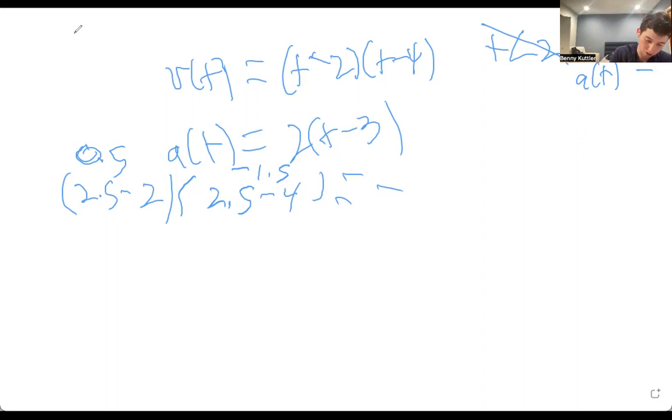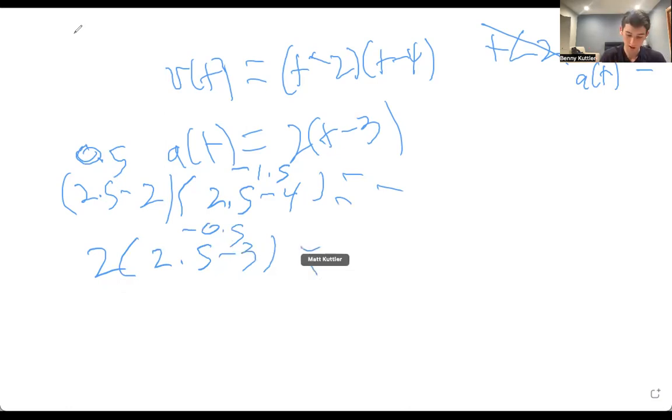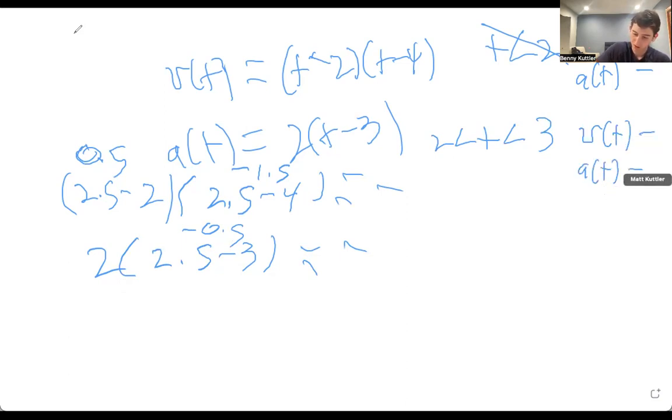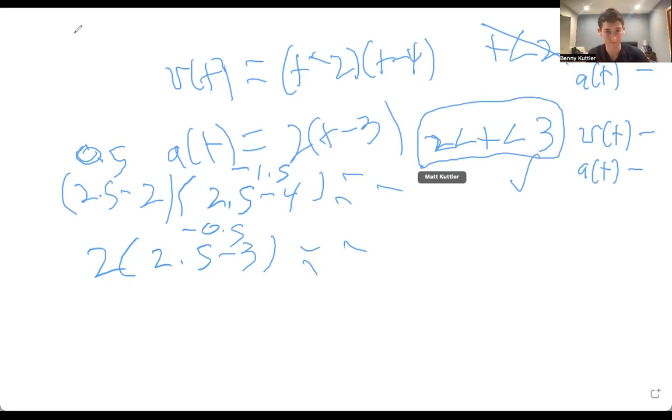So we have 2 times 2.5 minus 3, which is negative 0.5. Negative 0.5 times 2 is negative. So we know that when t is between 2 and 3, the velocity is negative and the acceleration is negative. So this works. We're going to want to circle this to come back to in our answer.